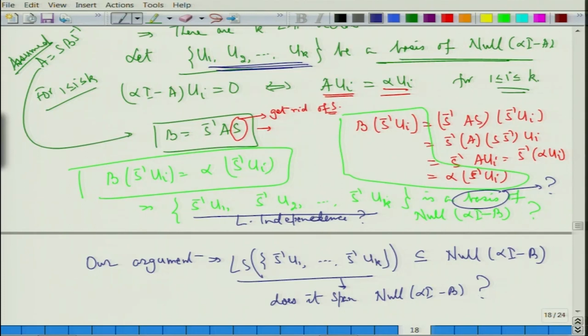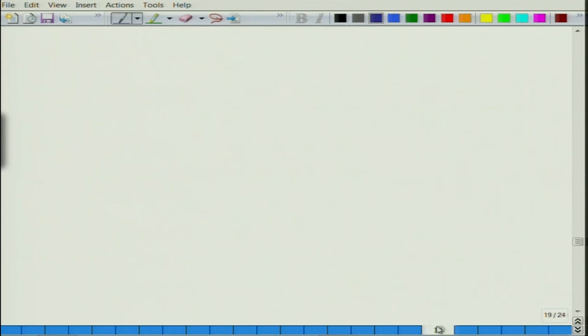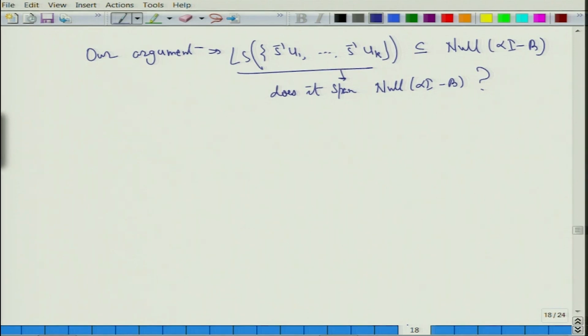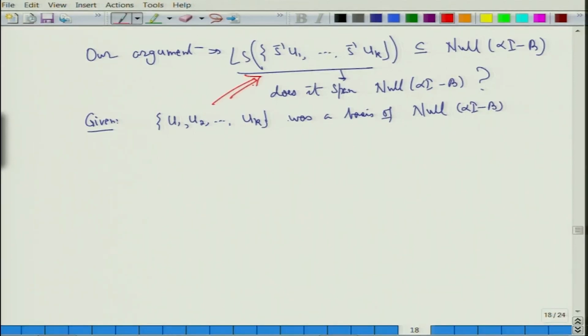So what we have been given, let me just write it again. We started with the set u1, u2, uk, which was a basis of null space of alpha I minus A. From there we got that these are linearly independent, and the linear span is a subset of this.